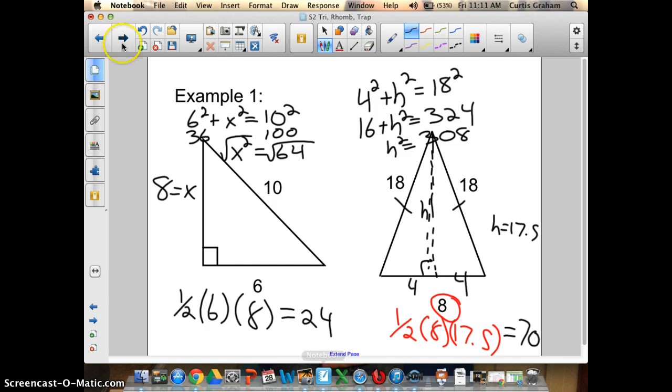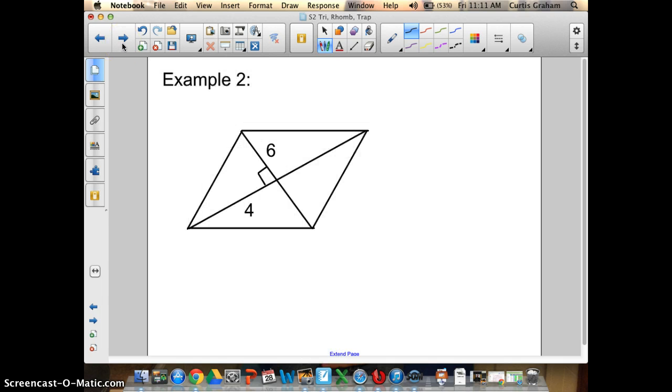All right? Example 2. This one is a rhombus. Go ahead and label it so that way you guys know it's a rhombus. Alright, and I give you parts of the diagonals. So I could go through the work of trying to figure out what the bases are by just filling in a lot of these using Pythagorean theorem, but it's going to be a lot easier in this case to use the diagonal formula, which is the new one that I want you to practice with anyway.